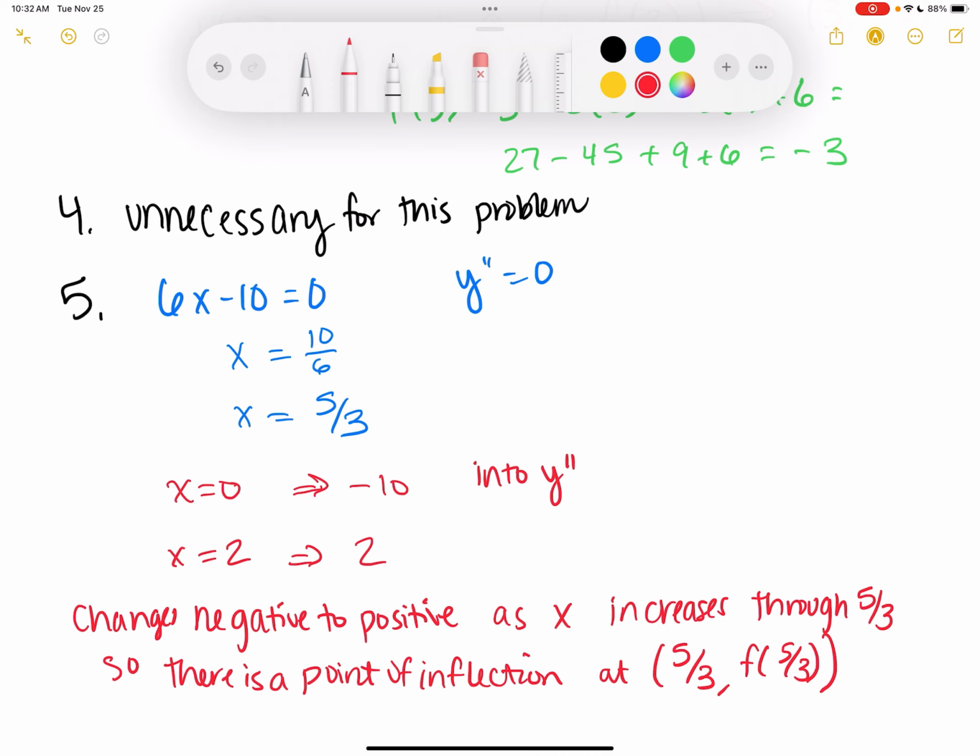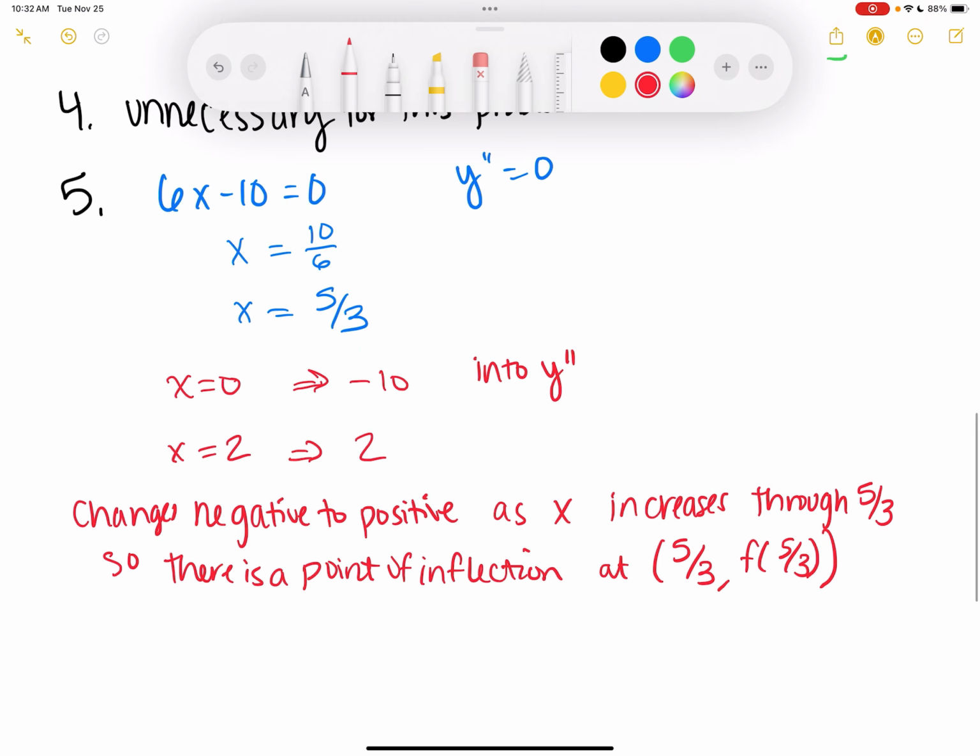And so if I plugged in 5/3 into f, I'm not going to do it for the sake of time, but that would end up giving us 5/3 and 47 over 27 for that point.